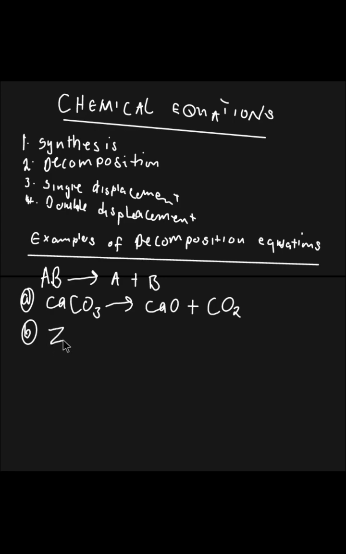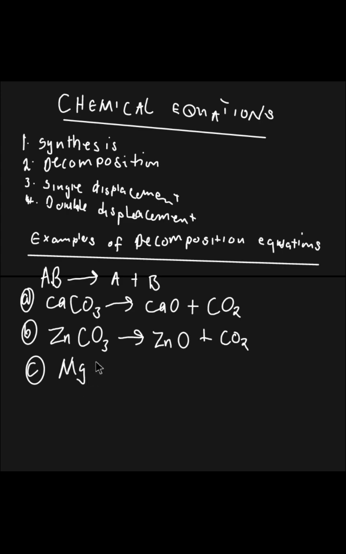Another example that we can come up with here: this is B, where you can have this element. I'm sure on the periodic table you should know that this is zinc carbonate. It can also break down to simpler compounds, which is zinc oxide and carbon dioxide. Another example, just to make sure that you do get the concept here.